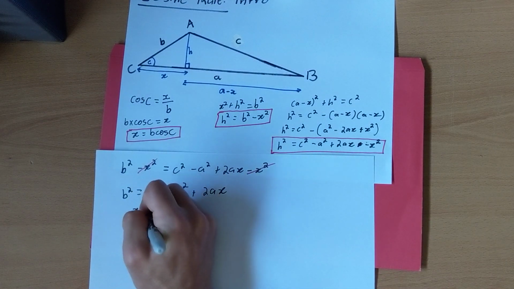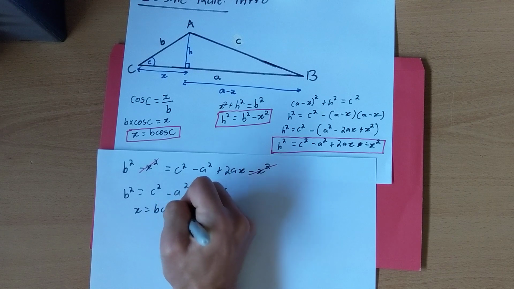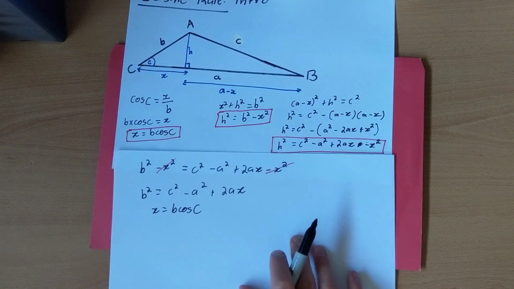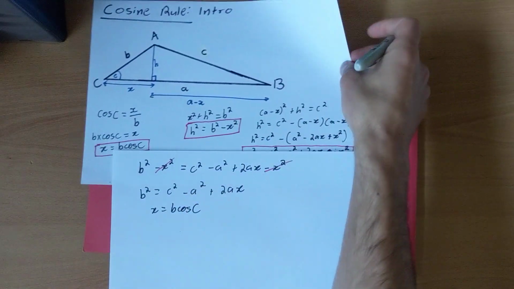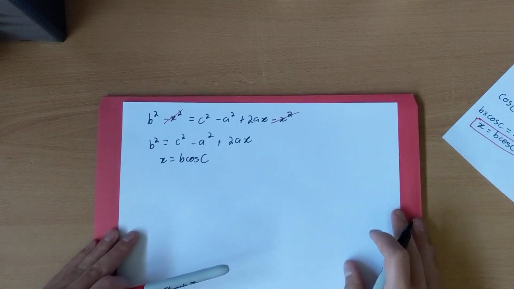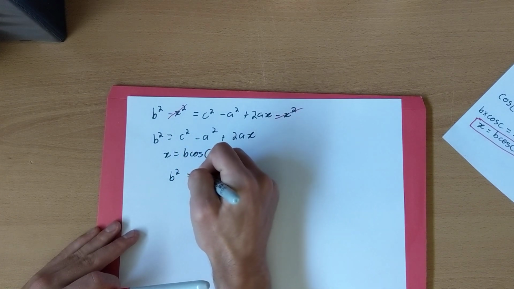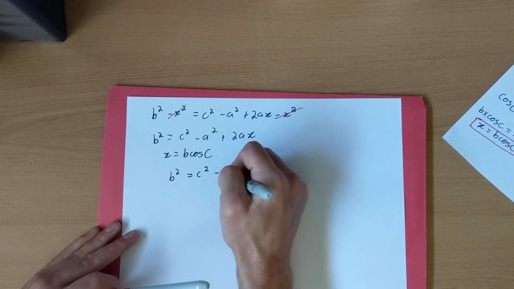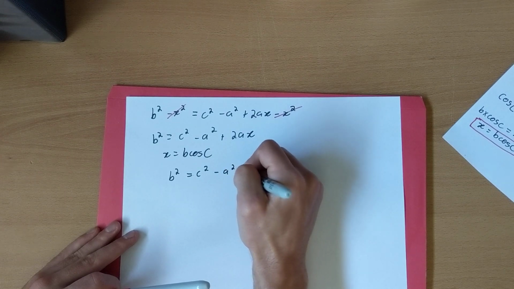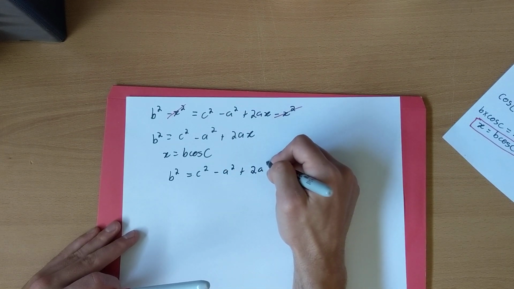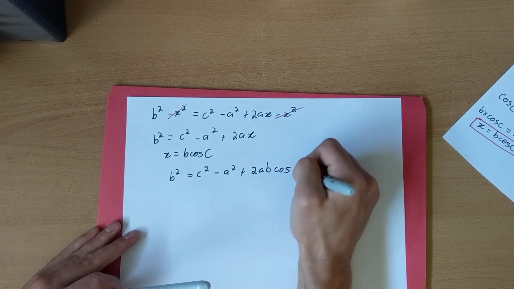If x equals b cos C, then we can substitute it into the equation for x. So let's do that. We're going to get b squared equals c squared take a squared plus 2a, and instead of x we're going to get b cos C.